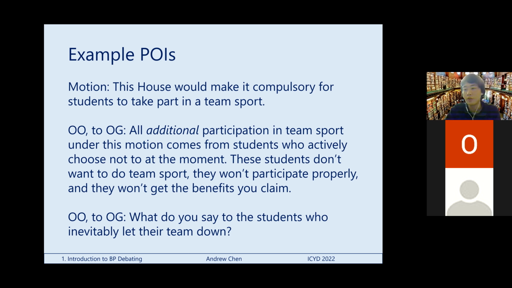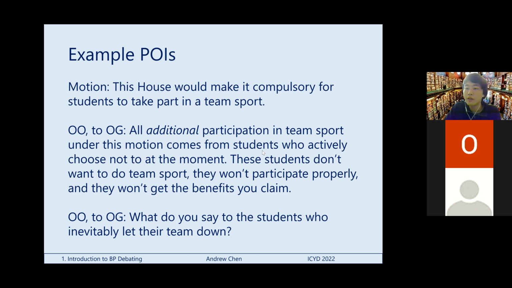And if there is really bullying, then the teachers or the coaches or whoever can step in and prevent that from happening. So even if the questions do feel a little bit difficult to respond to at first, hopefully with a bit of practice, you should be able to respond to these POIs a little bit better.